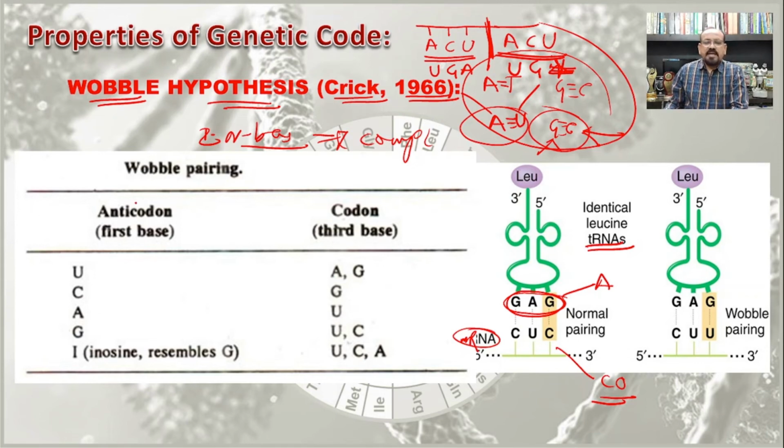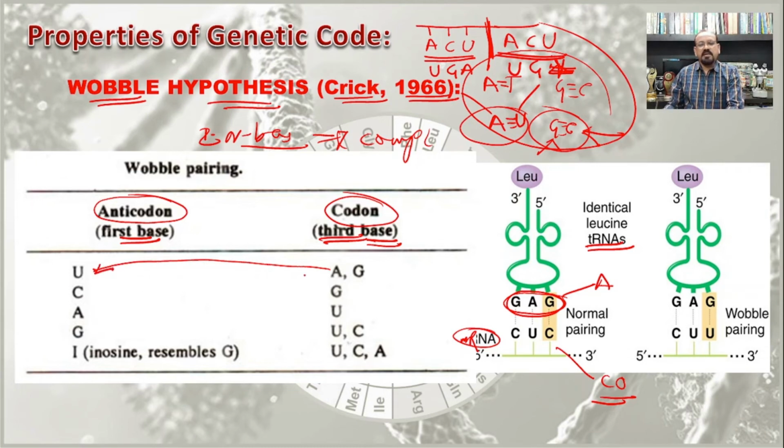So which type of nitrogen base will be there? If the anticodon is there, then what will be the codon? The third nitrogen base on the codon will be complementary to this one. So if A is there, then U must be there, but even if G is there, then again U can be present.